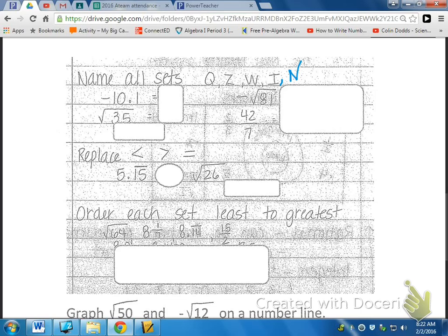Okay, so let's look at this one. Negative 10.1. Which set or sets do you think negative 10.1 belongs to? Any ideas? Cece? Okay. Z, look back at Z once.